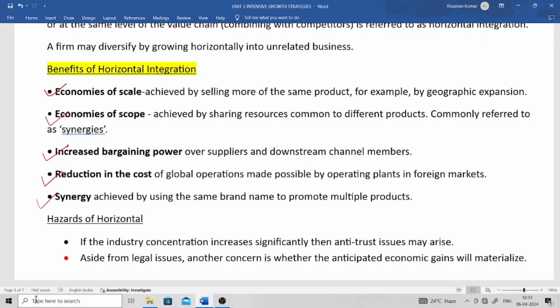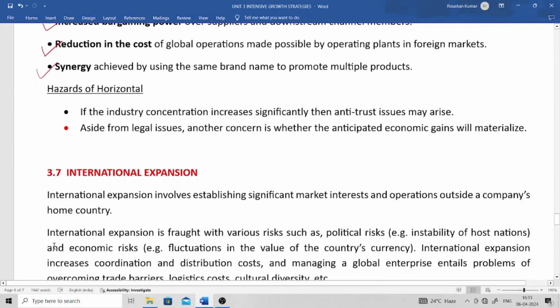Next, you have international expansion. International expansion involves establishing significant market interest and operations outside a company's home country.